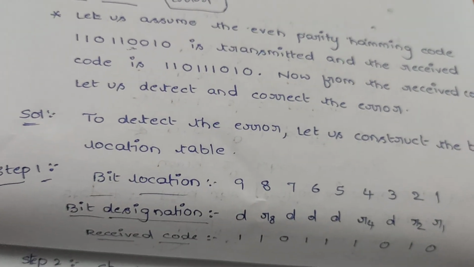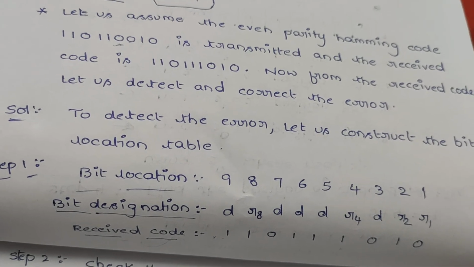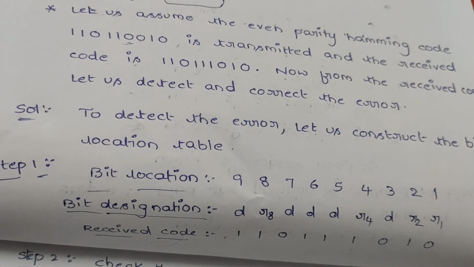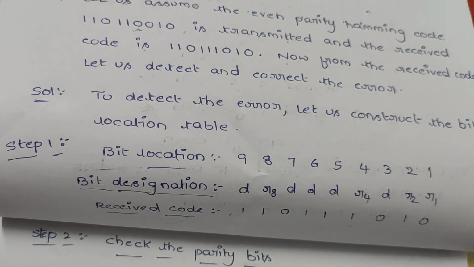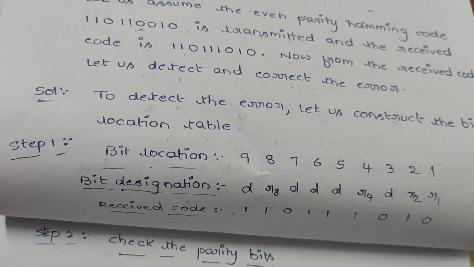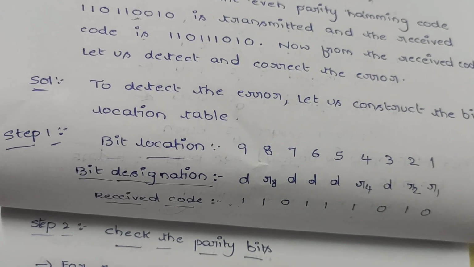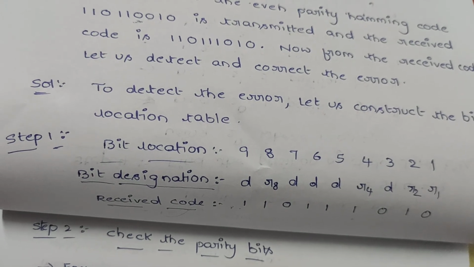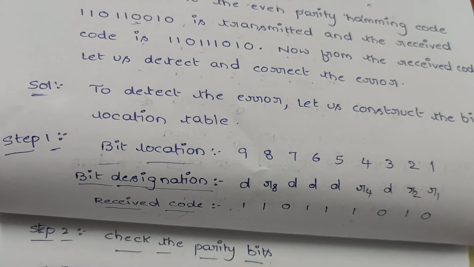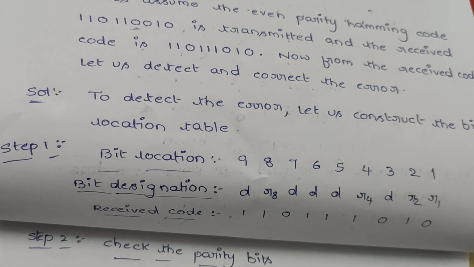So how will we correct it? To detect and correct the errors, let us construct the bit location table. In step 1, we write down the bit location table: the bit location, the bit designation, and the received code. Totally we have 9 bits, so we write the bit locations 1 2 3 4 5 6 7 8 9.